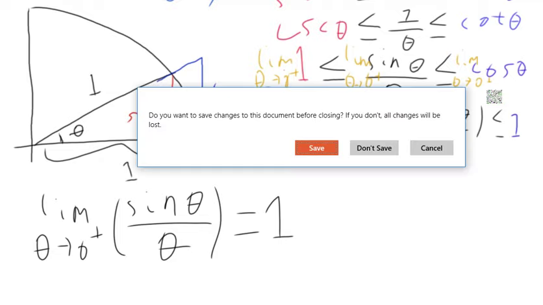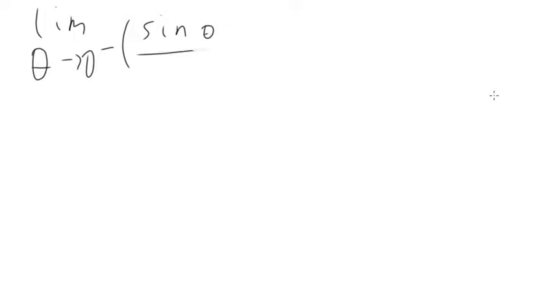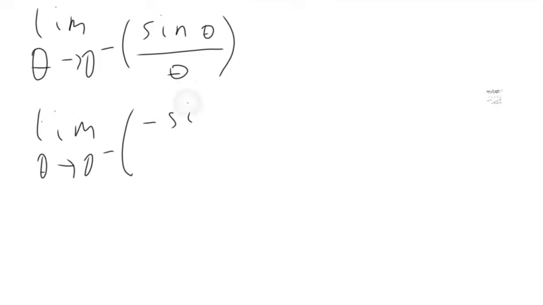No, we are not, because we have to consider the left-hand limit, the limit as theta goes to 0 from the left of sine theta over theta. To help us out, I'm going to look at this fraction right here and multiply top and bottom by -1. So this will be the limit as theta goes to 0 from the left of negative sine theta over negative theta.